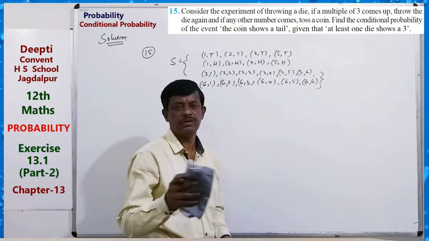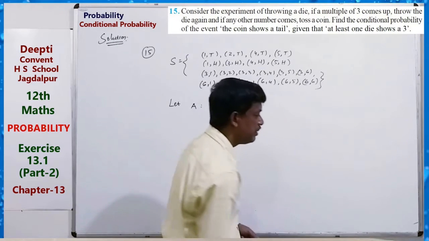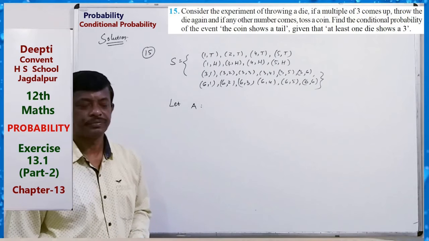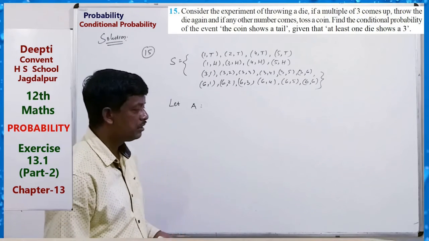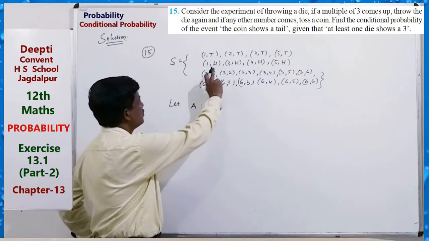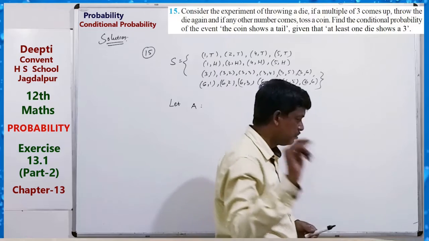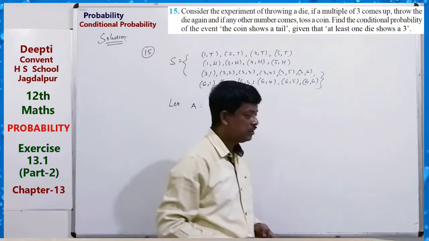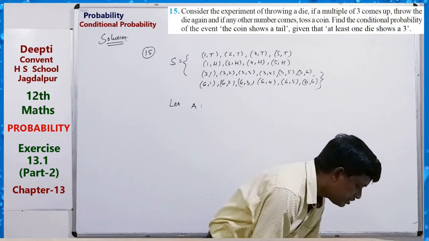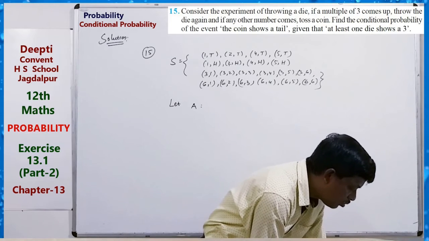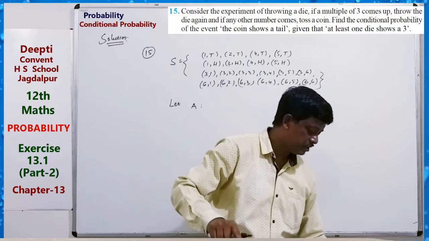So first of all we have to prepare events. Just write the event. Let A be the event, the coin. Here two types of events we have to write. Let the coin show a tail. So what are the events? Here, writing: coin shows a tail, given that at least one die shows 3.